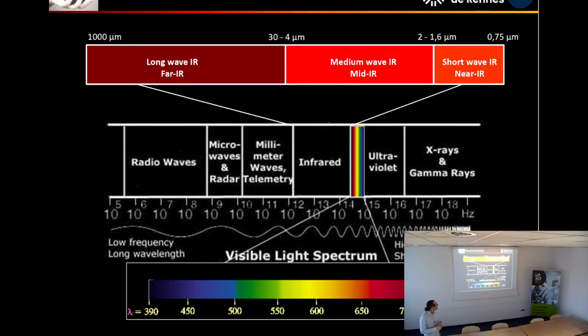Often we speak about short-wave infrared when the wavelength is between 0.7 and 2 microns. Mid-IR depends on the community and on the publication. Mid-IR can be between 2 and 5, sometimes up to 30. And you also have the long-wave infrared, the far infrared, which can be after 10, after 20 microns.